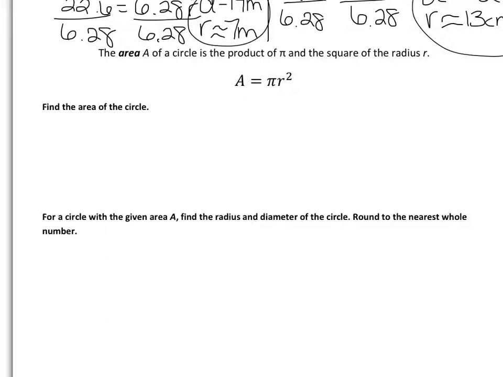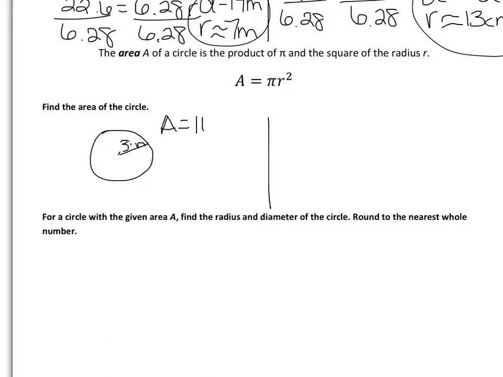So the area is equal to pi, and then we're going to take our radius and we're going to square it. Okay, so for this first example, let's say I've got this circle and I've got this dimension here, which is 3 inches. First thing you need to do, look at the dimension you're given. Is it my radius or is it my diameter? Hopefully you recognize that it is my radius. So since it's my radius, I can just plug these values in for my formula.